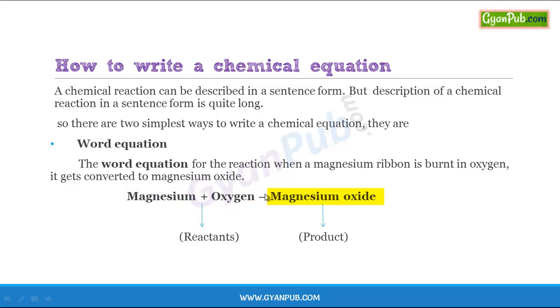If there is more than one product, the products are also added with a plus symbol between them, and an arrow mark indicates the direction of the reaction and that the reactants are converted into products.